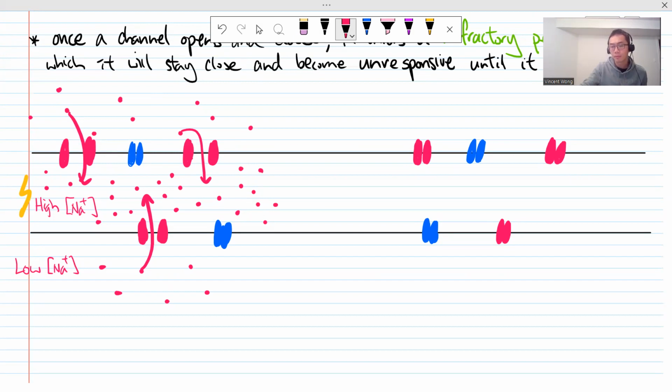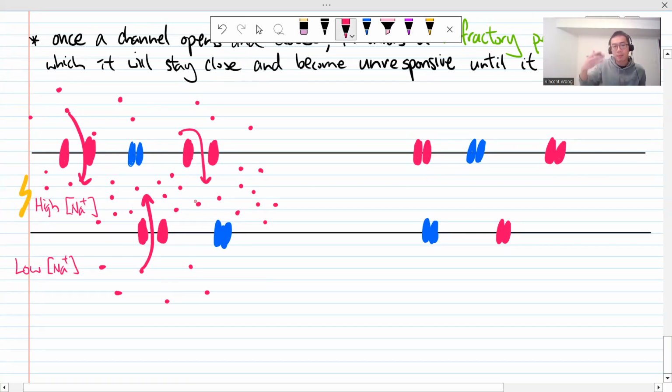It's open behind and closed in front. Okay, so over here, the sodium channels open because of the lightning bolt.